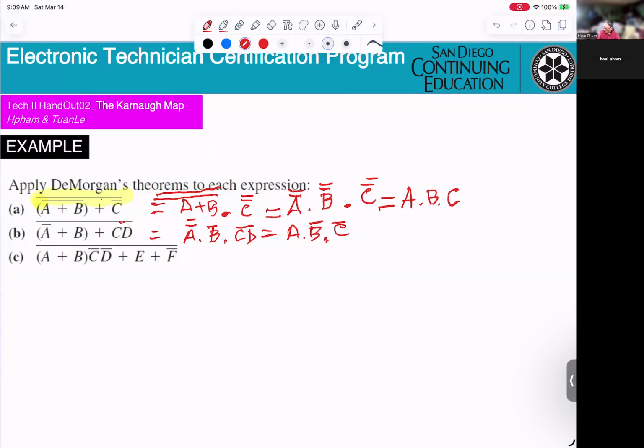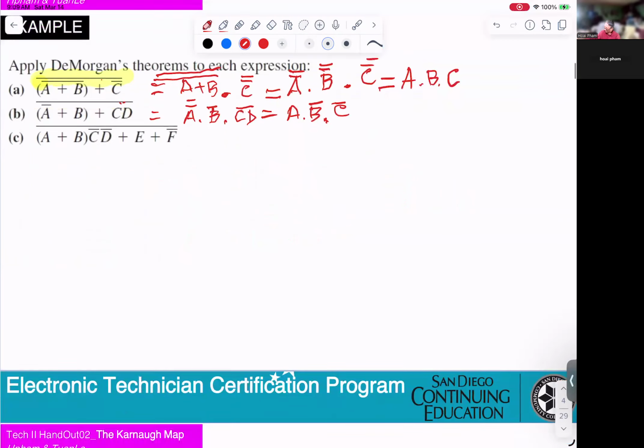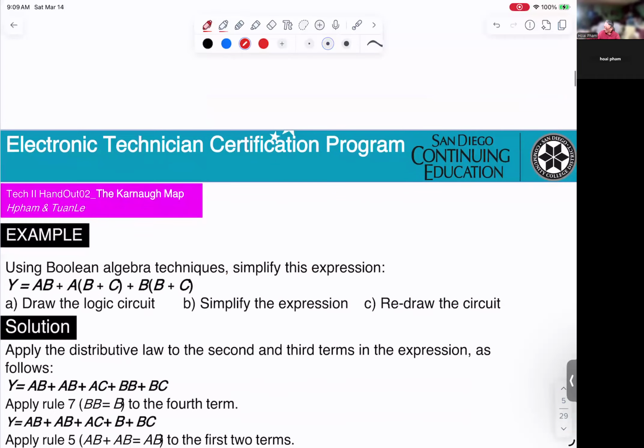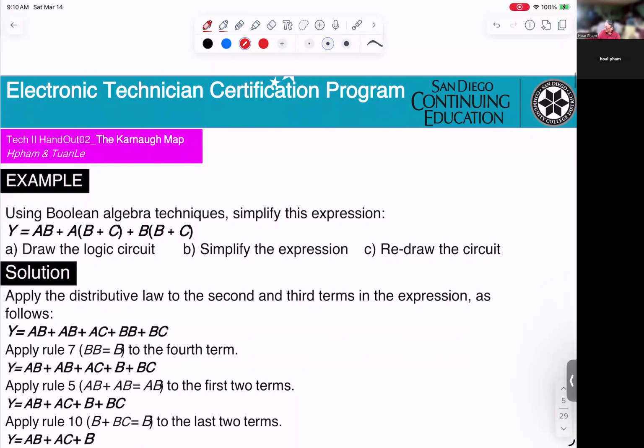However, this technique is no longer used. Okay? The thing is, this gets the equation or the expression. So they're talking about the Boolean algebra technique, trying to make it simple, okay?